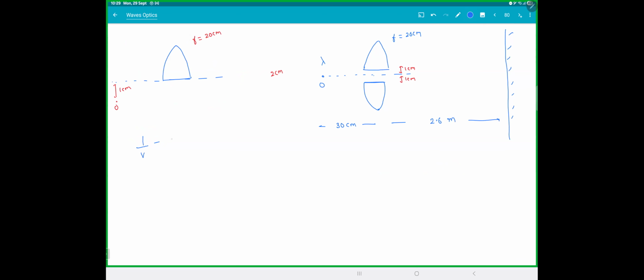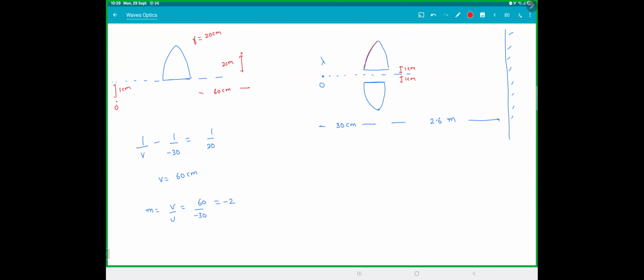So 1 by V minus 1 by U, with U minus 30, is 1 by 20. We get V is 60 centimeters. Magnification is V by U, which is 60 by minus 30, so it's minus 2. That means this image will form somewhere here at a height of 2 centimeters, inverted, and this is 60 centimeters far.